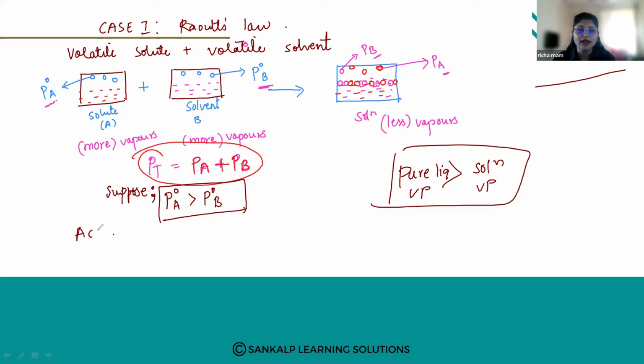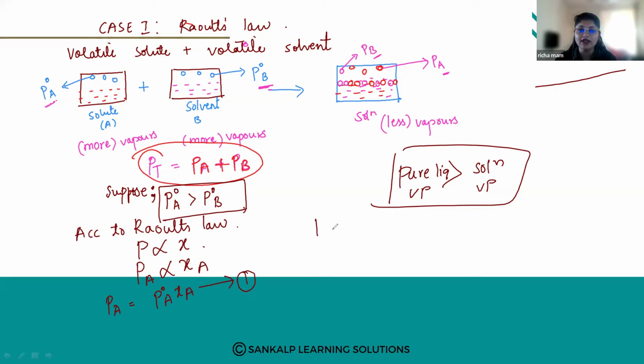Okay, now you know that according to Raoult's law, we know that partial pressure is directly proportional to chi. Okay, so PA is directly proportional to chi A. Now, after removing this proportionality sign, this will be equal to P naught of A into chi of A. So this is our equation 1.